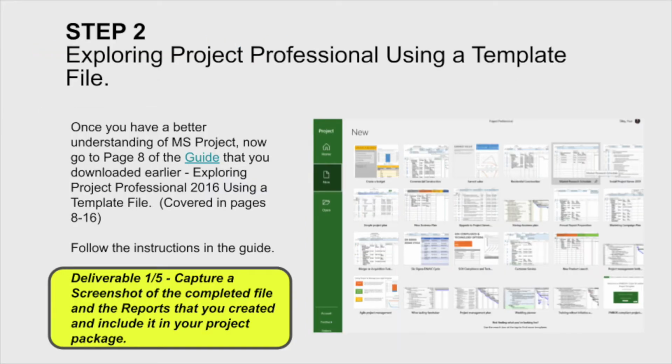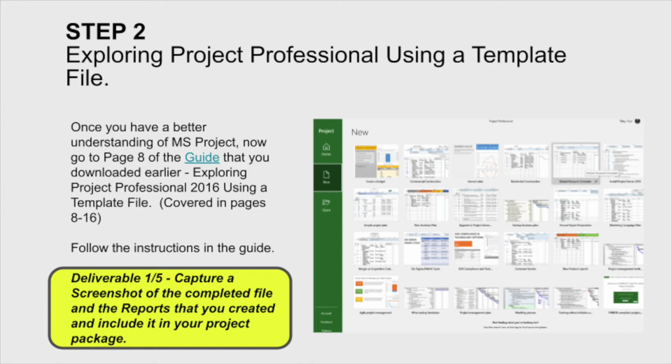Next, I want to bring you through and show you exactly what the deliverables are for this particular project. The first thing is I want you to take a look at step 2 to actually start using MS Project. This is just an introductory one. Effectively, what I'm asking you to do in step 2 is to look at templates.